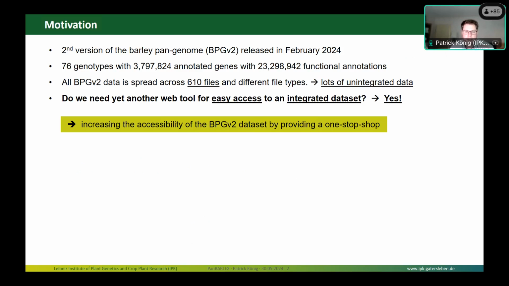And the whole data set of the Barley Pan-genome version 2 is spread across more than 600 files, and also different file types like GFF3, FASTA files, tabular, tab-separated value files. So it's a bit of a mess to get into this data and to get an overview of this data.